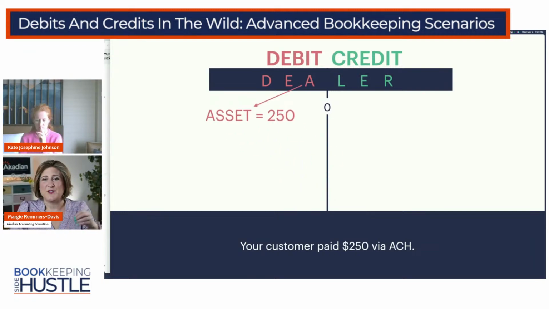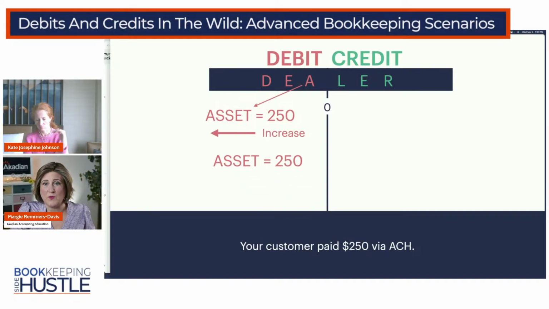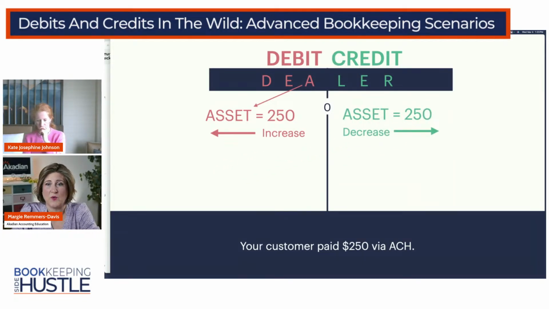So if the customer pays, the money is added to the checking asset, which increases. But in the accounts receivable world, the asset of accounts receivable decreases, and that means it's going to go over on the credit side. So they're both assets, but there's one on each side because one's increasing and one is decreasing.